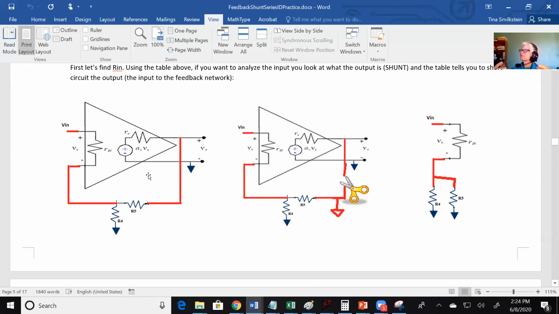And if you have specific specifications, you can say, oh, for this R4 and R5, it gives me my R in spec, but oh, it doesn't give me my R out spec, or it doesn't give me my gain spec. So it's the math that your simulator does.